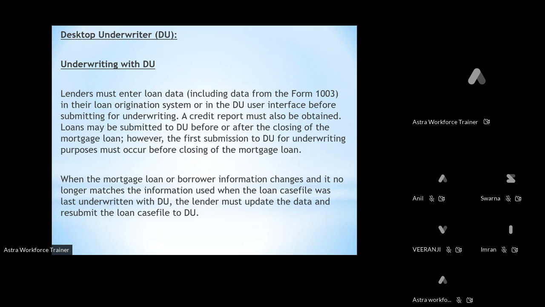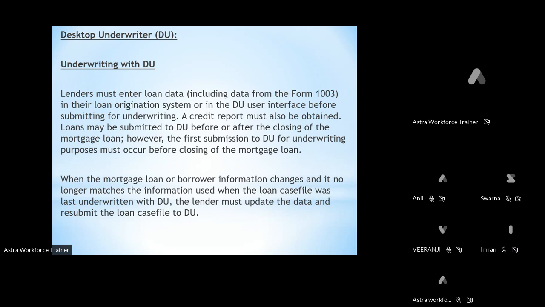In live underwriting, you'll have to follow the lender guideline and the Fannie Mae guideline. And for the secondary marketing, those who are doing post-close underwriting will get the AUS documentation, so we'll have to follow the AUS guideline.